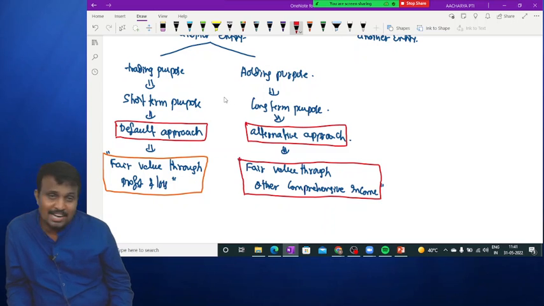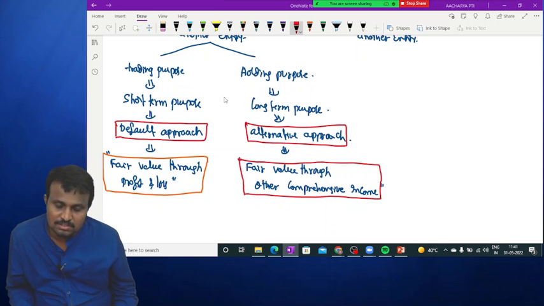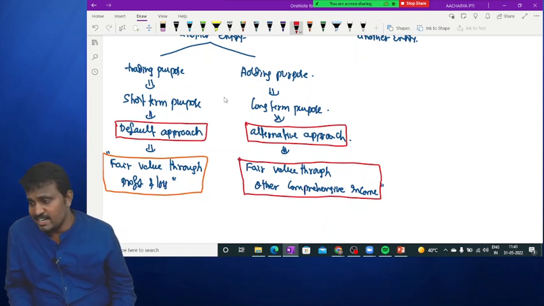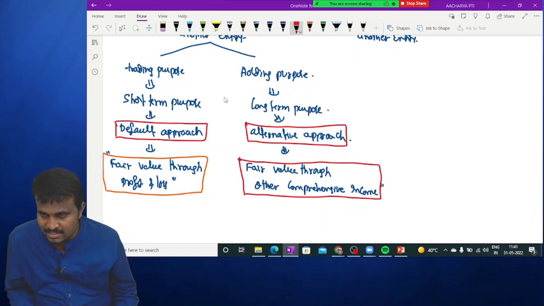PPE, property, plant and equipment, right? So as per PPE, in case of increase in value of an asset, transfer to which account? Revaluation surplus, right? And what about the other aspect? There are two aspects in the transaction, right?